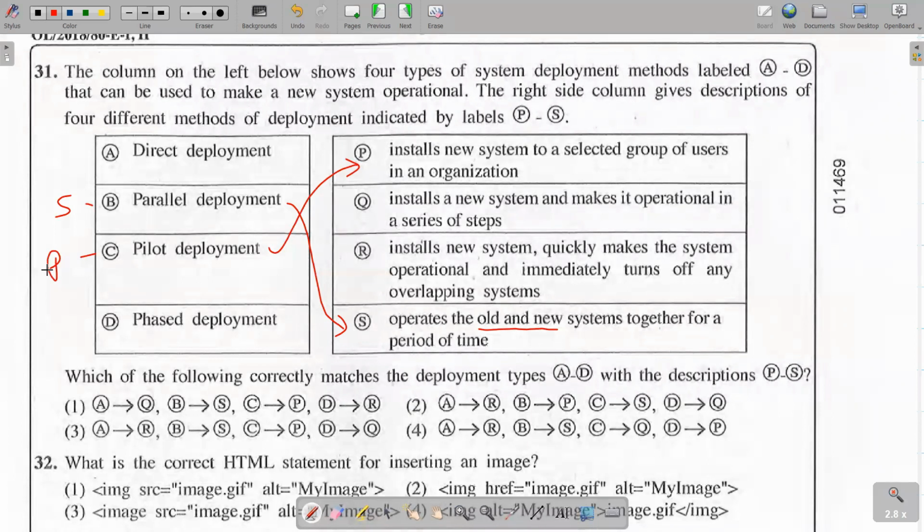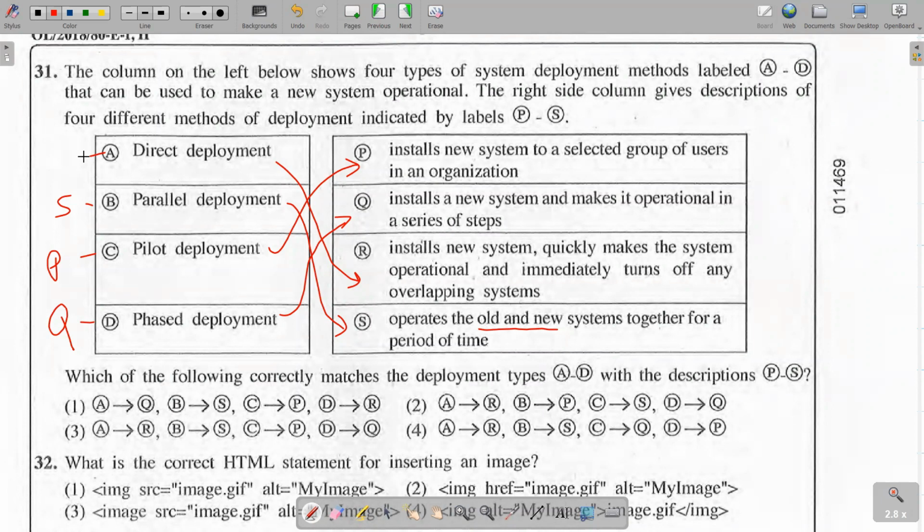Right, and direct deployment. Yes, installs a new system and makes it operational in a series of steps. Now, series of steps, it's actually the phased, right? So this goes with Q. Hold on, did I mess it up?